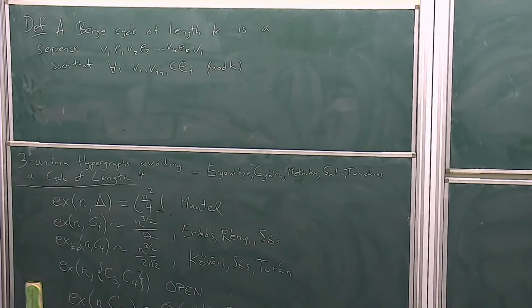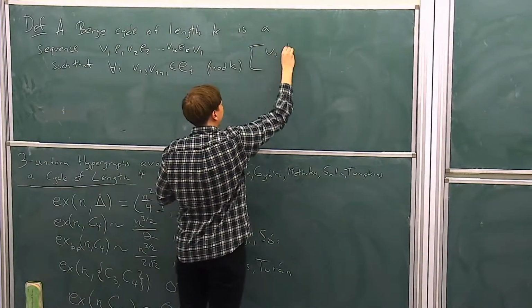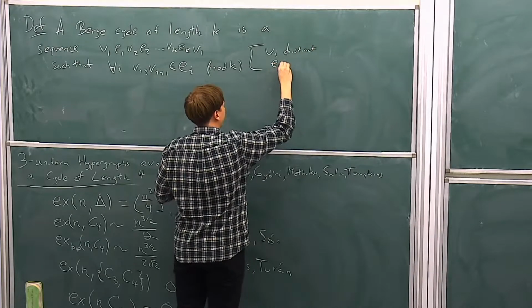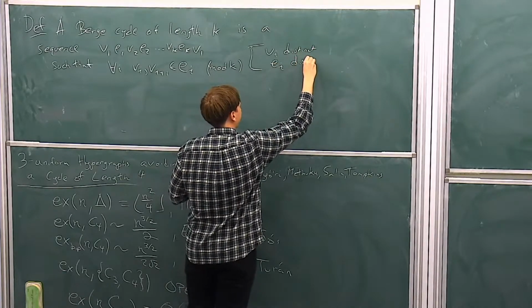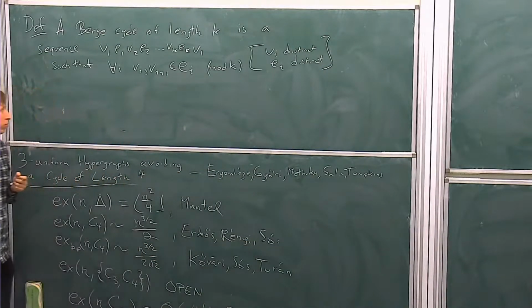Almost. We also want these vertices to be distinct, and the edges too, that's important. So the vi are distinct, and the hyperedges ei are distinct. Yes, very important. Thank you. So this is kind of a very weak notion.